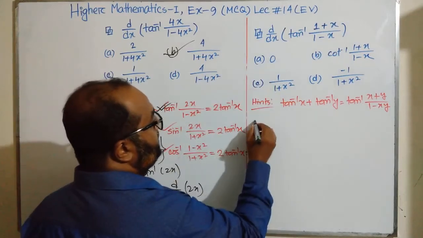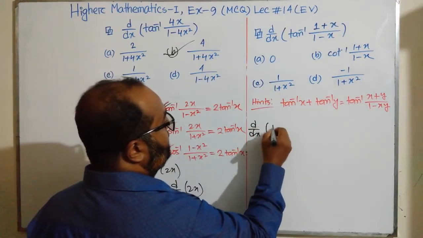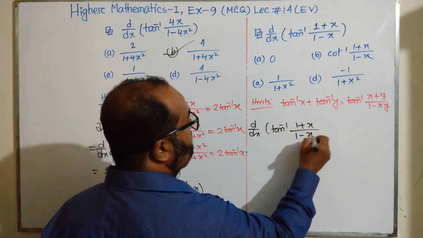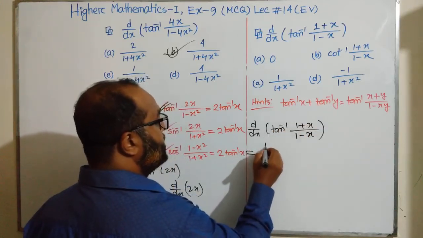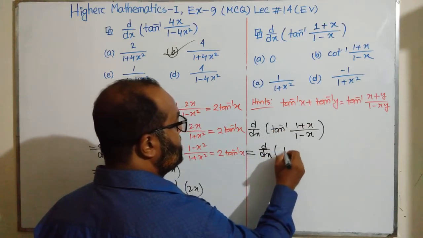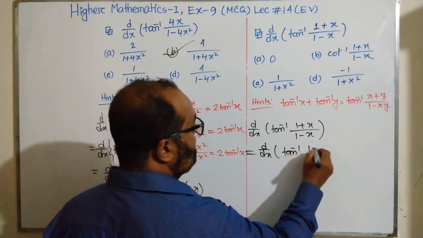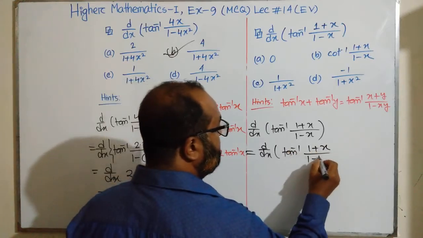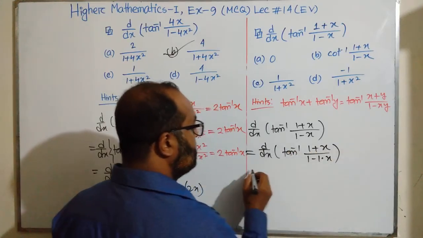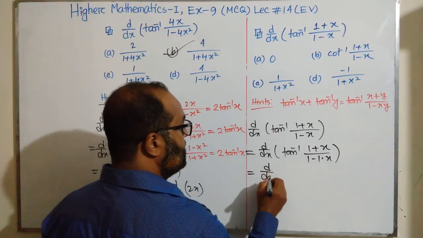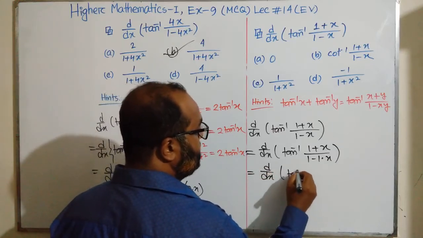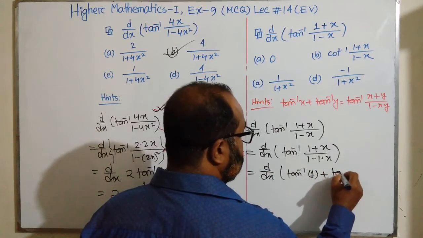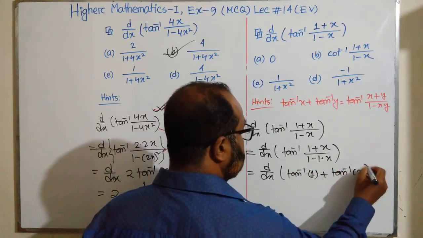Here d/dx of tan inverse of (1 plus x) divided by (1 minus x), that means (x plus y) divided by (1 minus xy), this equals d/dx of (tan inverse 1 plus tan inverse x).